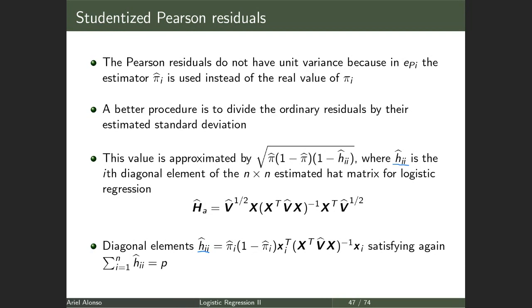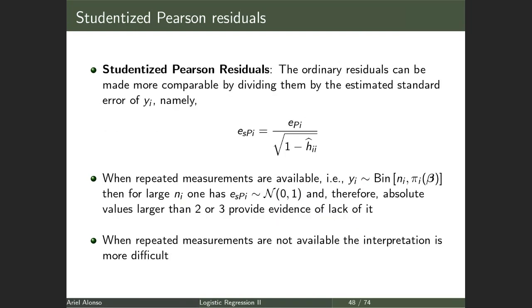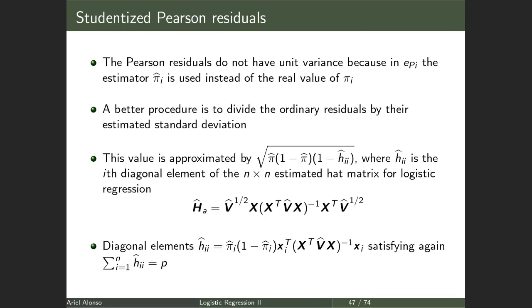So what you do is you consider the hat matrix. In logistic regression, you can see that it follows a very similar pattern to that of linear regression. The sum of these leverages is equal to p. And then you divide the raw residuals not by the estimated variance of the yi's, but by their estimated standard deviation, the real one, taking into account that you're estimating the pi.